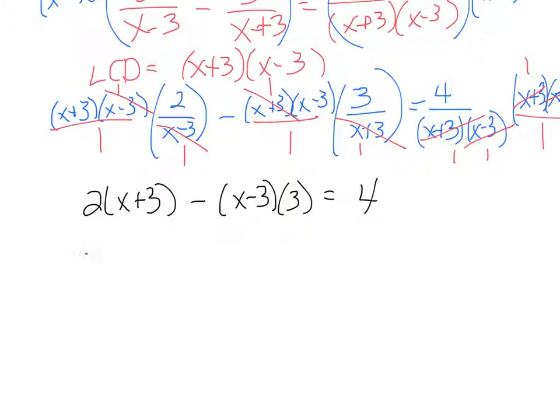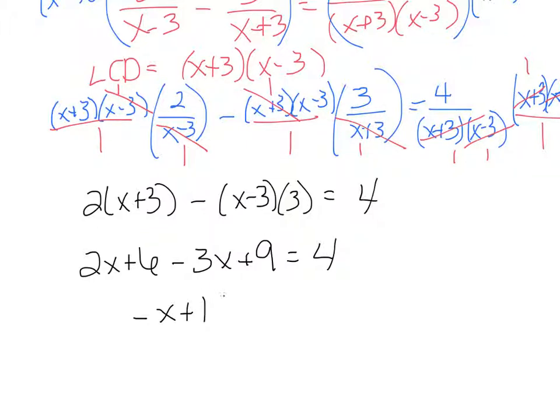Now if we distribute, we'd have 2x plus 6, and then I'm going to think of this 3 as being right here, not that it matters, but I've got a negative 3x, and then a positive 9 is equal to 4. So we get negative x plus 15 equals 4.